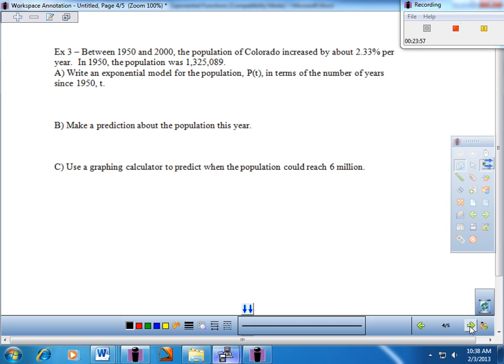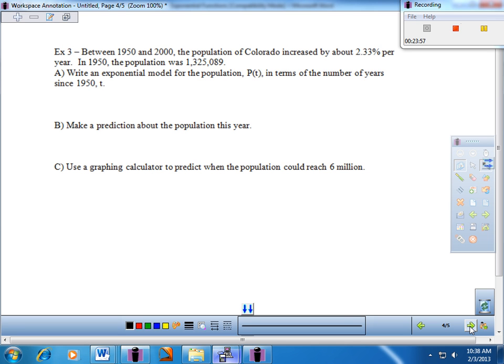So I got this information online, population of Colorado. The last 50 years of the 20th century. From 1950 to 2000, the population of Colorado increased by about 2.33% per year. So does that mean that it increased every single year over the 50 years, exactly that percentage?